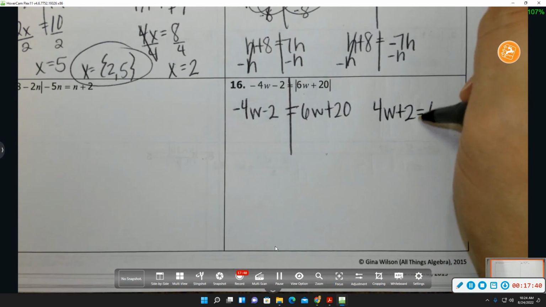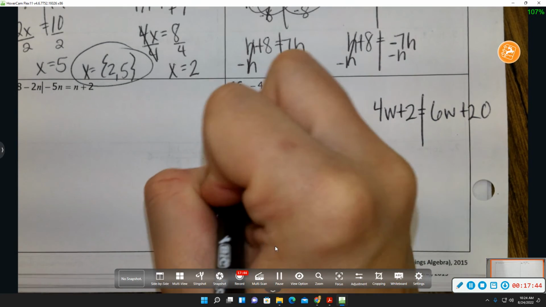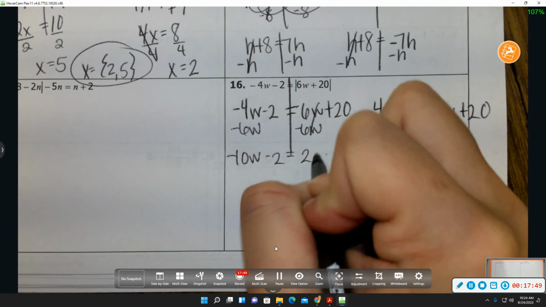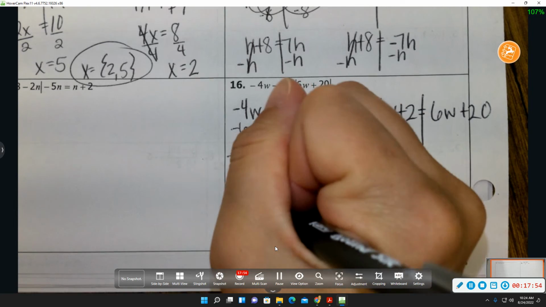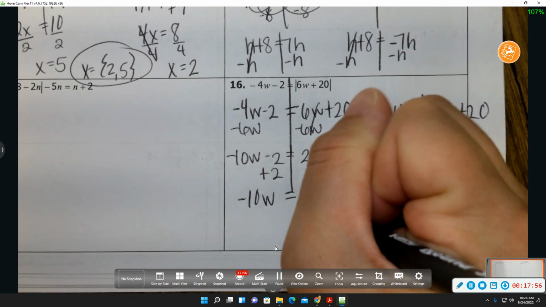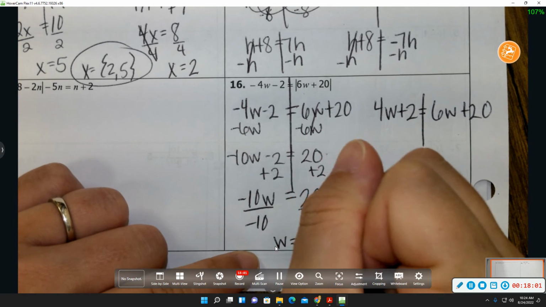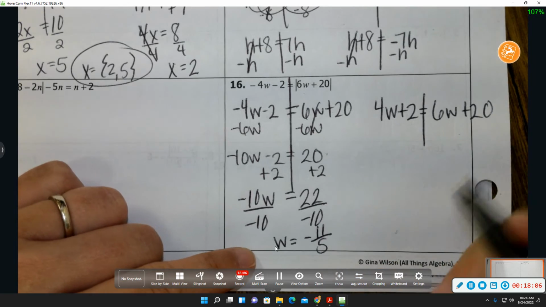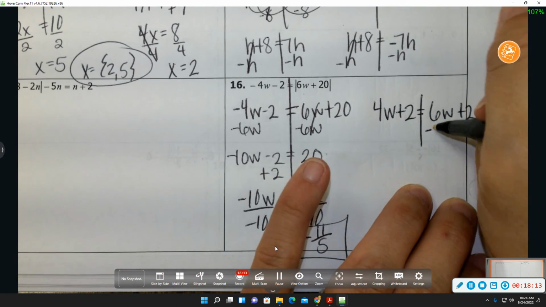And then it's just equation solving. I'm going to just work it out, because you should be able to equation solve. So when I equation solve, this is what I got for W. Then I'll go over here and do the same thing.